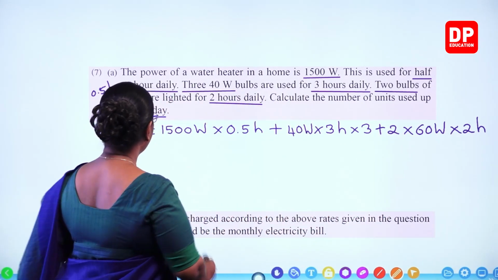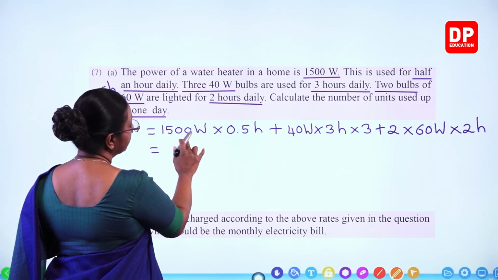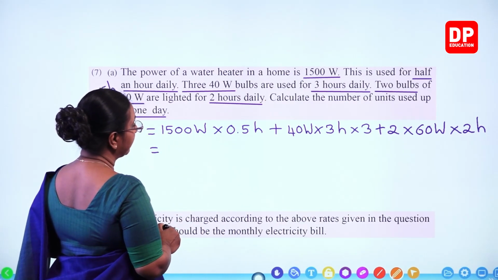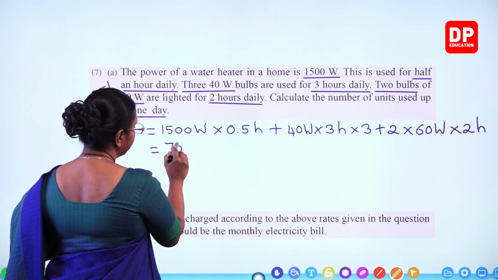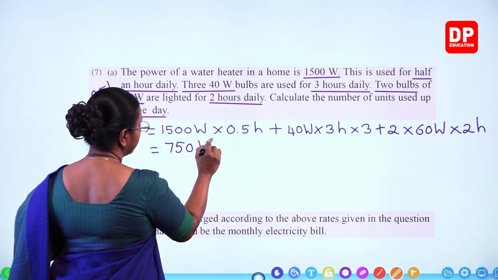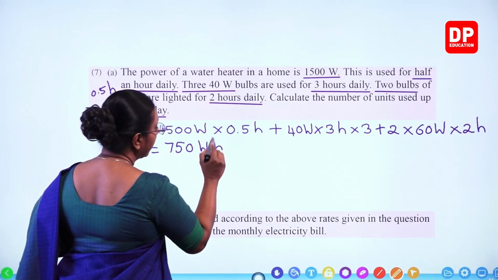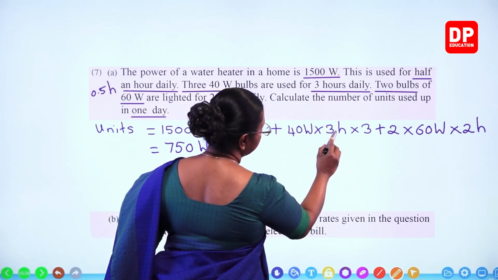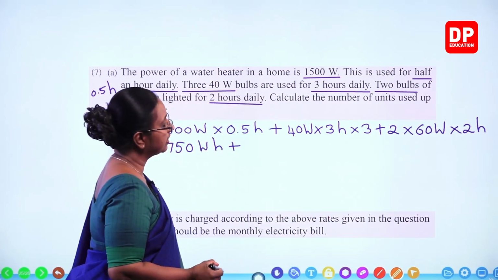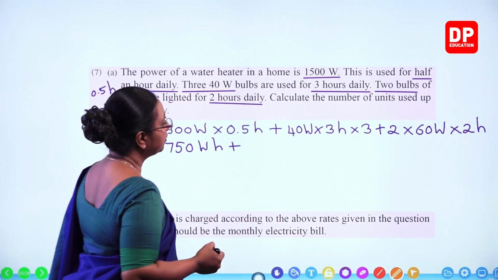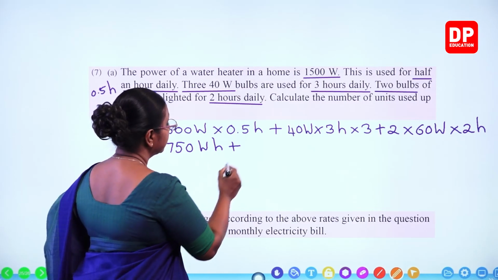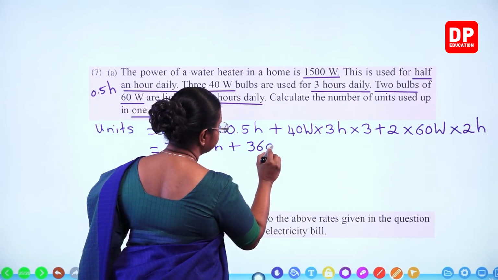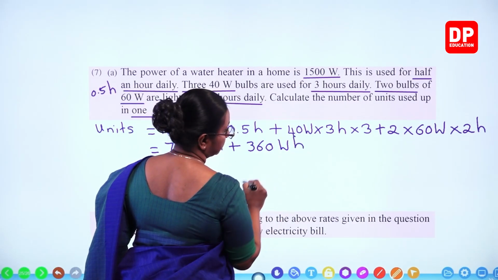So we need to add all these values. Now 1500 into 0.5 hours, that is 750 watt hours. Plus we need 40 watts into 3 into 3. So 3 into 3 is 9, and 9 into 4 is 36, so 360 watt hours.